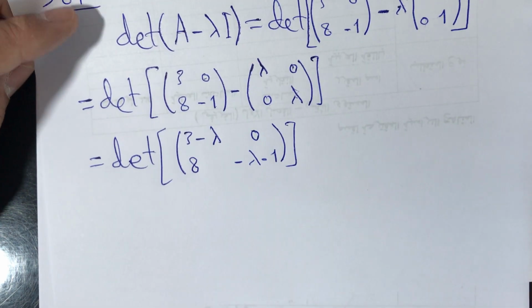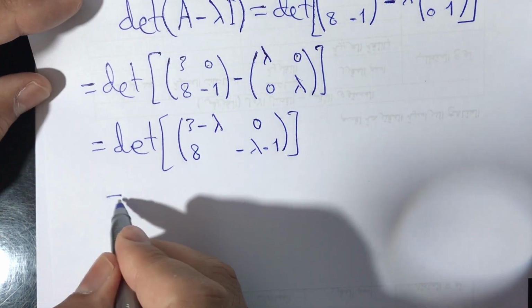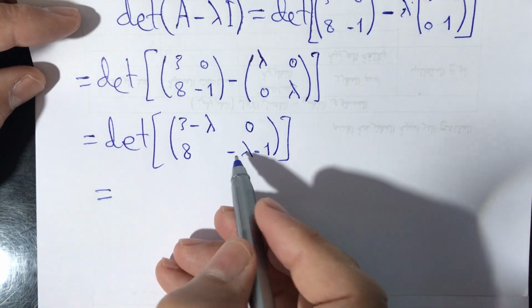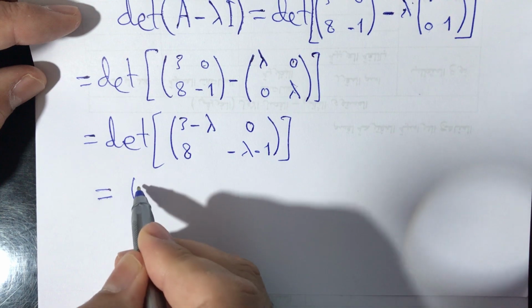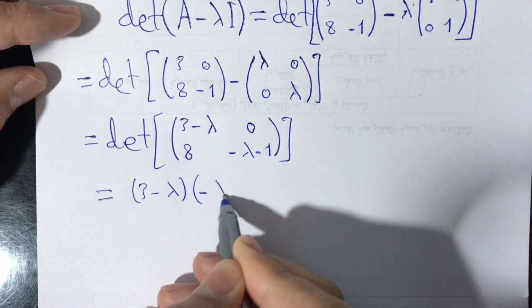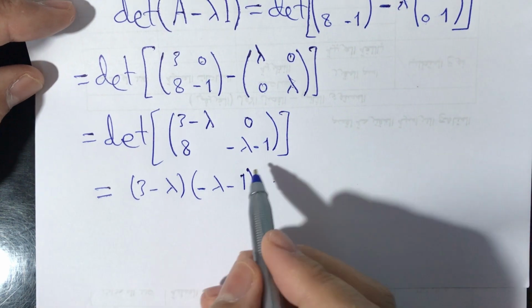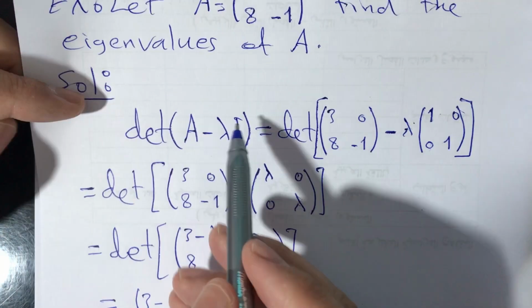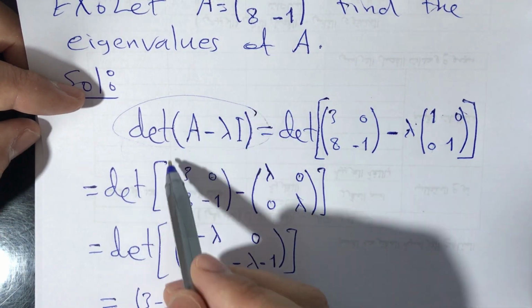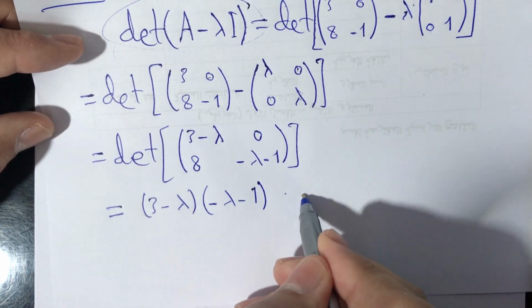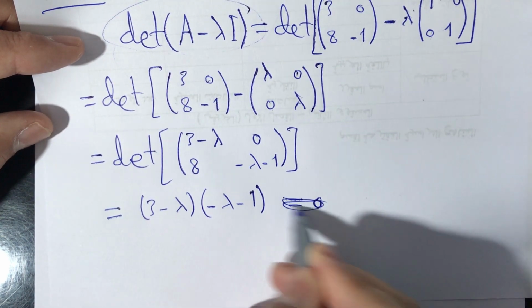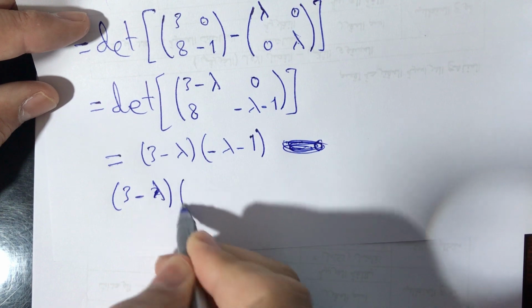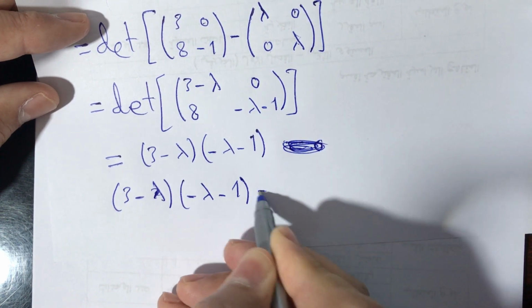Now compute the determinant. Since the upper right entry is 0, the determinant equals (3 minus lambda) times (minus 1 minus lambda). By the proposition, this determinant equals 0. So (3 minus lambda)(minus 1 minus lambda) equals 0.